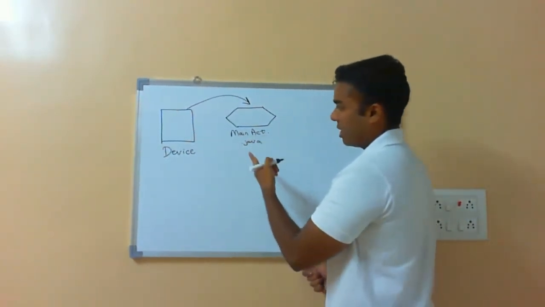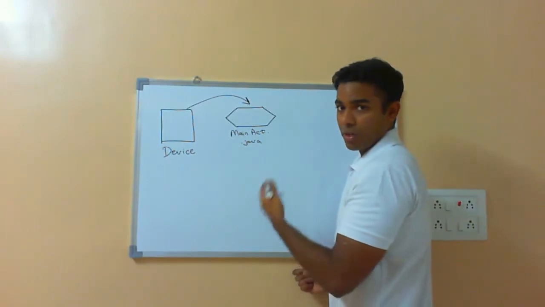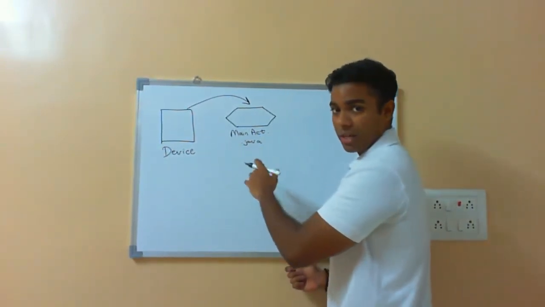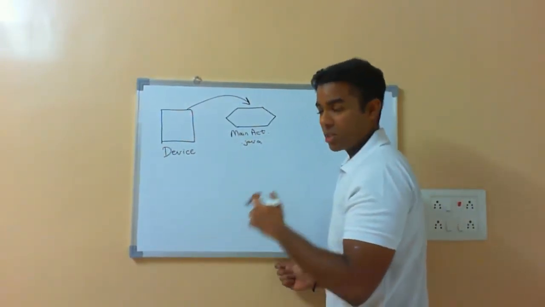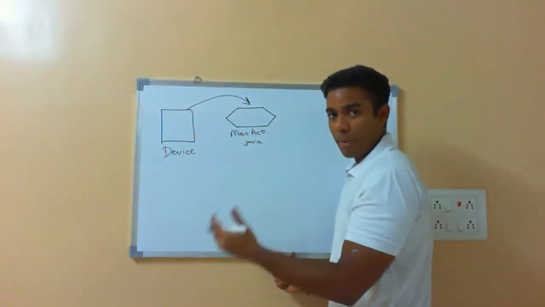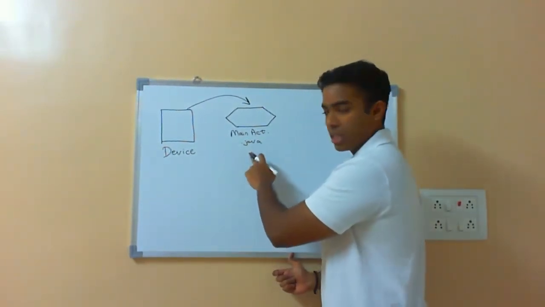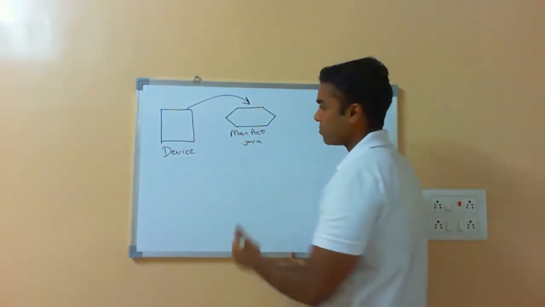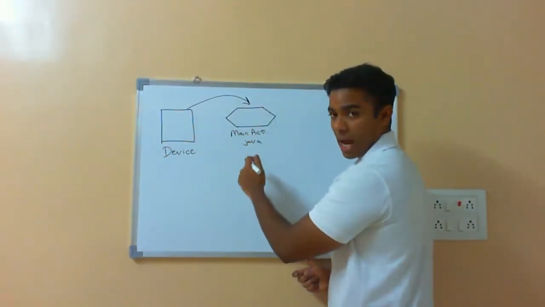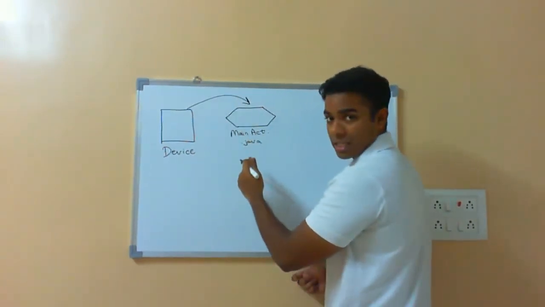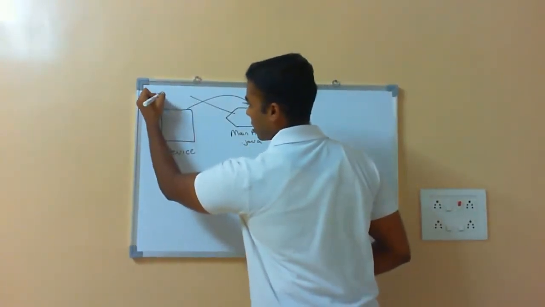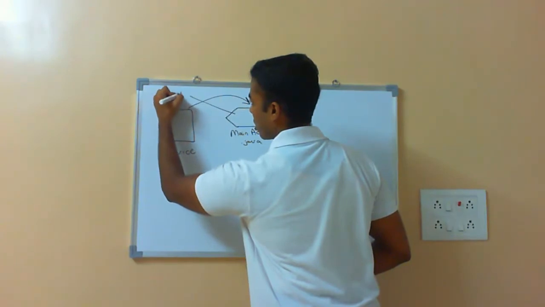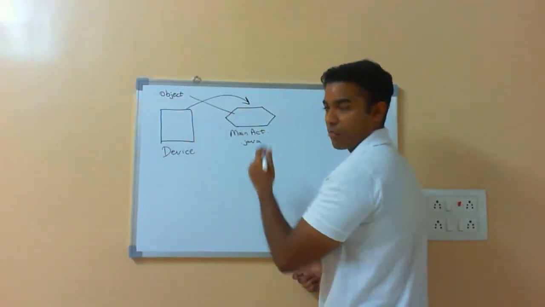This main activity you can give any name you wish, but this activity is the default launcher activity which gets started when your application is loaded, as we have seen in a previous session on how to set your activity as a default launcher. So this device will call the main activity, and simultaneously an object of this main activity will be created.